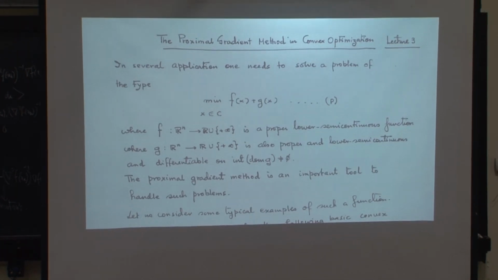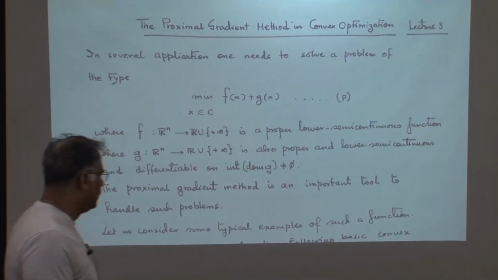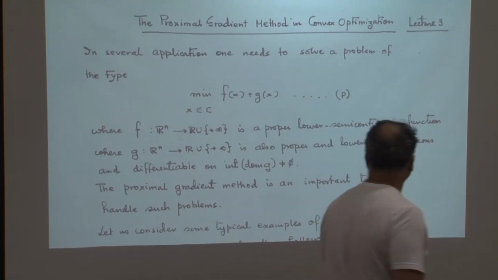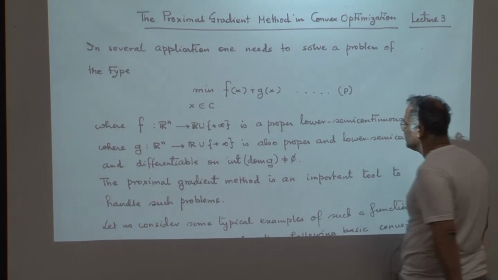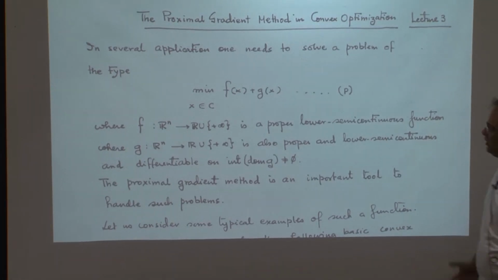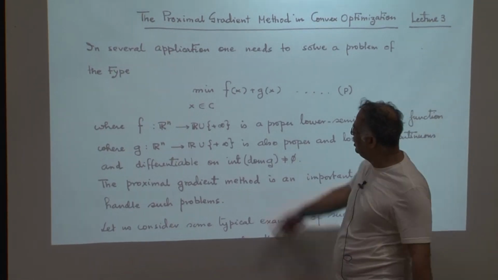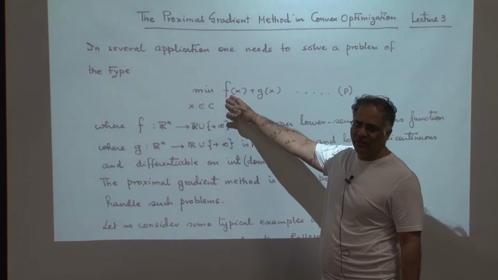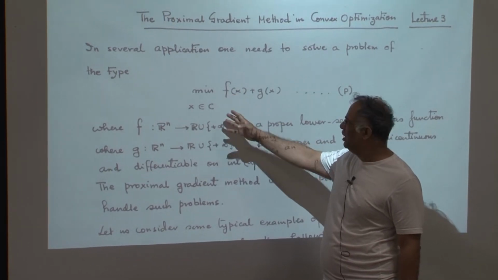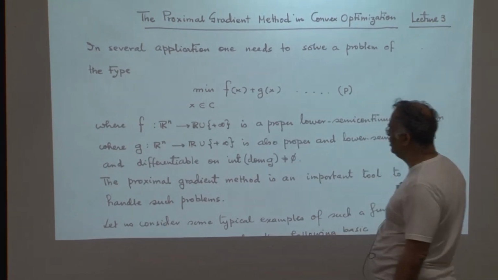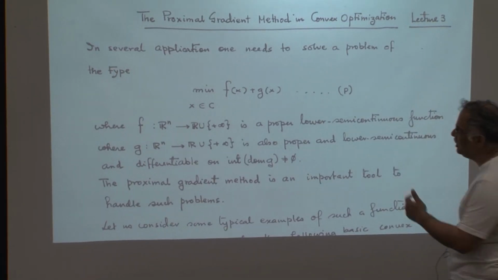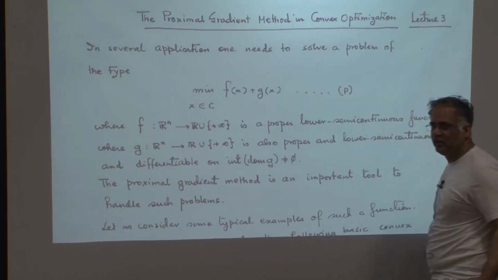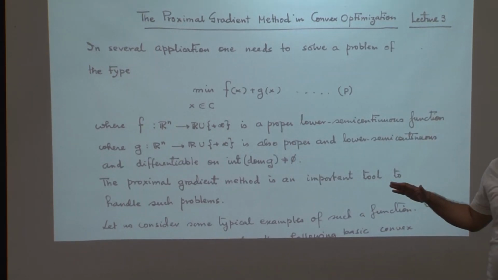Here you do not have to bother much about what I have written, proper, lower semi-continuous functions, etc. You just think that you have a situation where you minimize a function f(x) plus a function g(x), where both of them are convex and one of them is differentiable, convex and differentiable at all points of the domain.